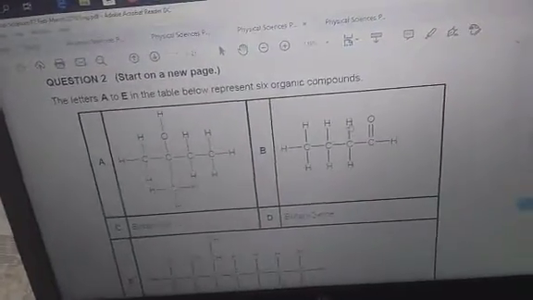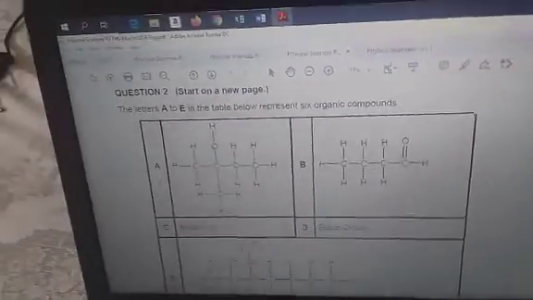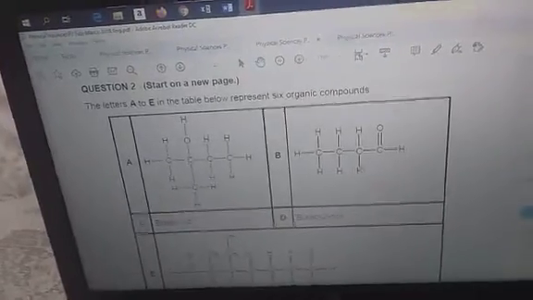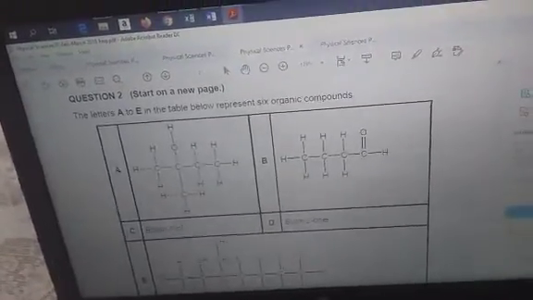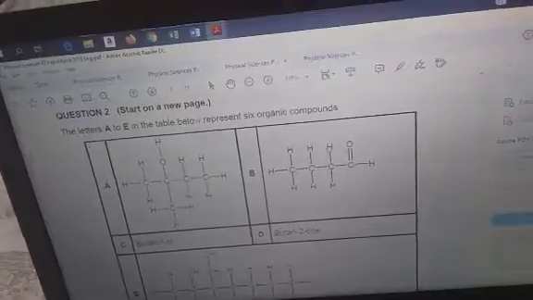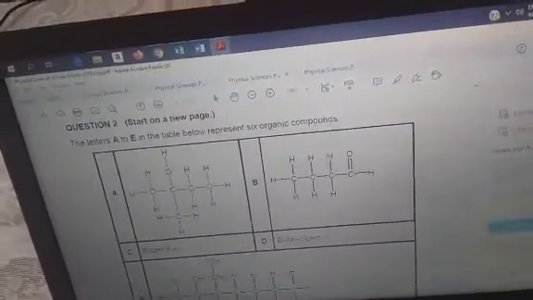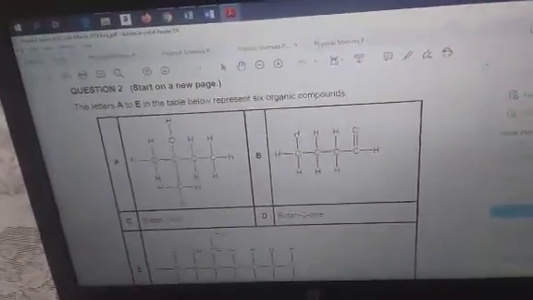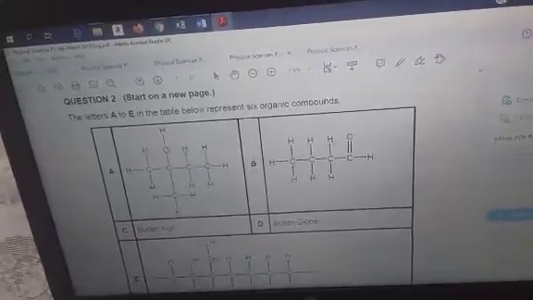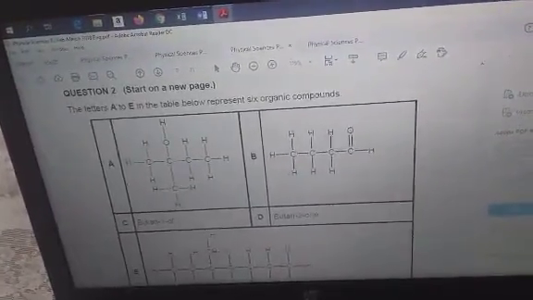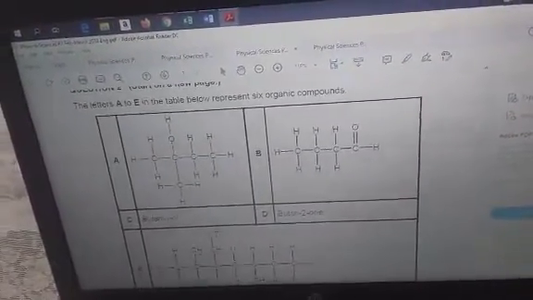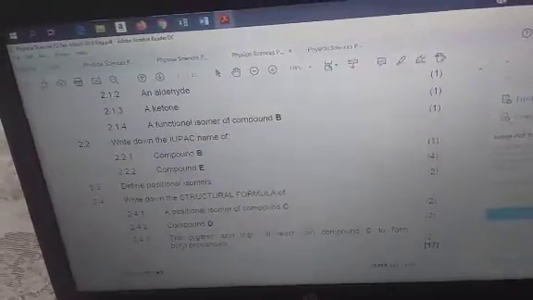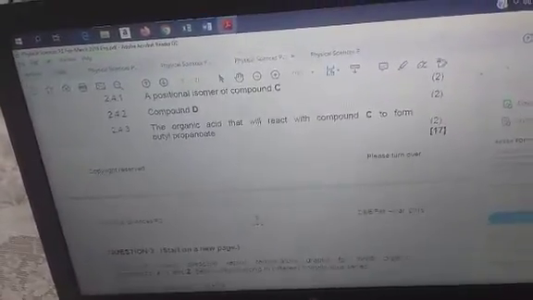You bring back this oxygen here and this one here and bring a double bond here with oxygen. You simply change this position to here. That's all for this one. Those were just easy marks, I think.